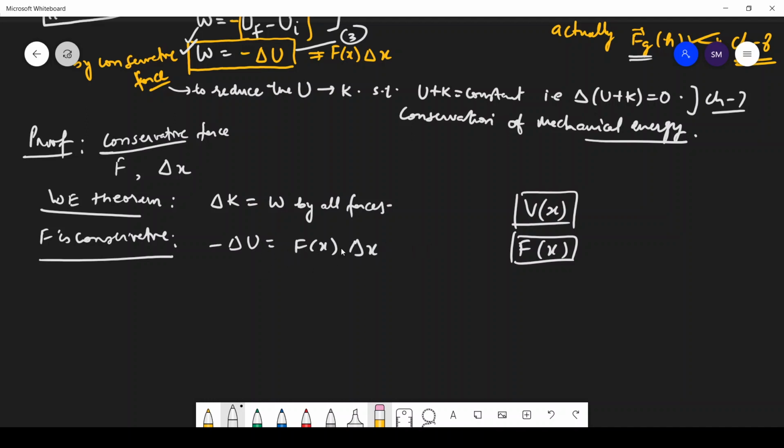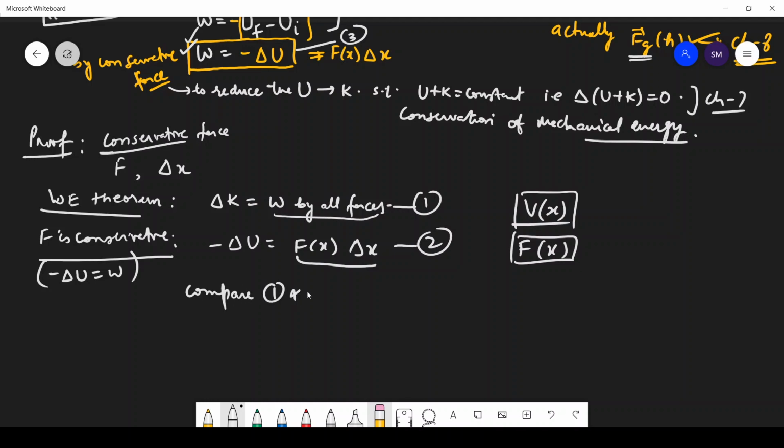As the force is conservative, the work done by the conservative force is minus delta U, right? So that's what the conservative force means. Now let us add this. This is the work done, this is also the work done. So this is the same, right? Let us compare this first and second.